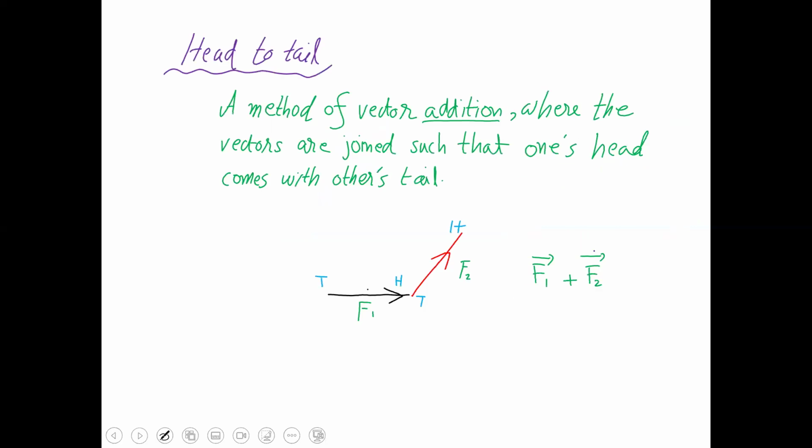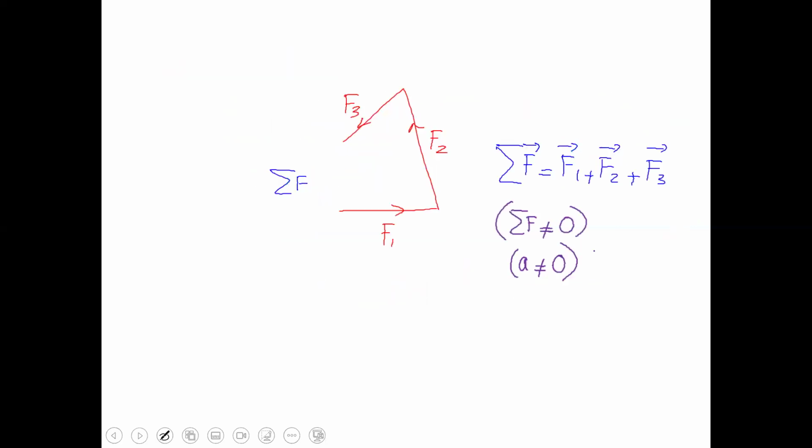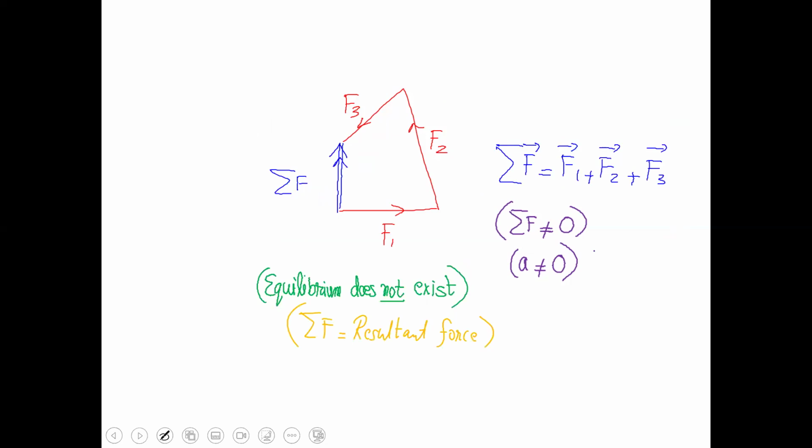If you join the forces head to tail and they do not form a closed triangle, it means the system is not in equilibrium.